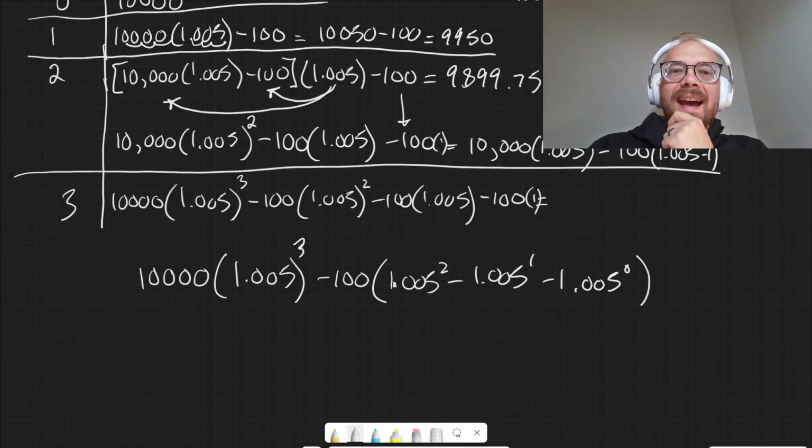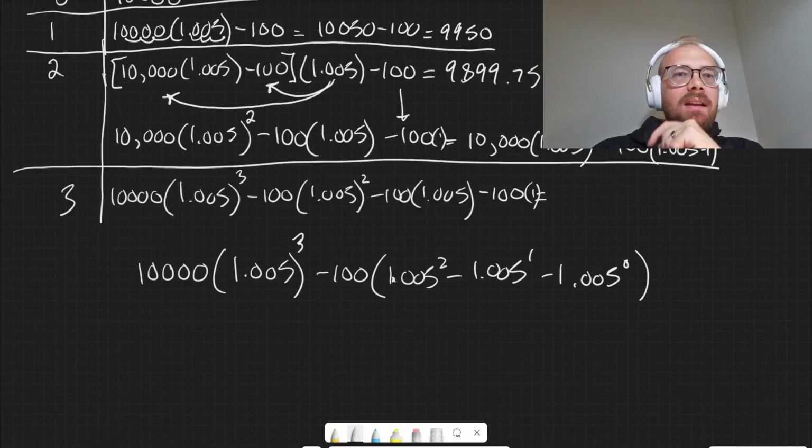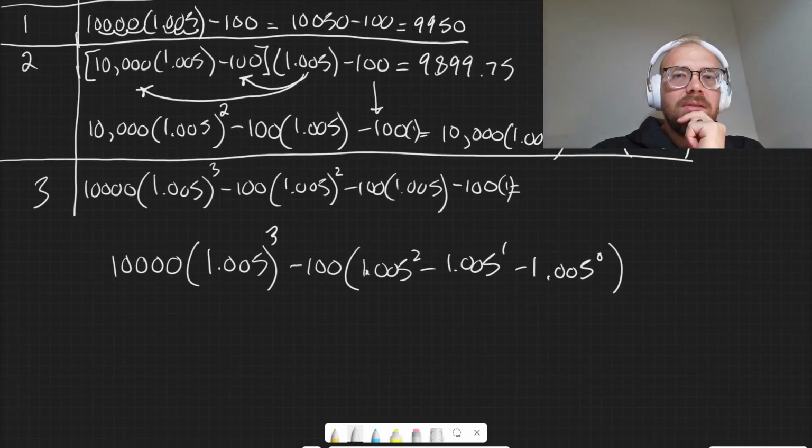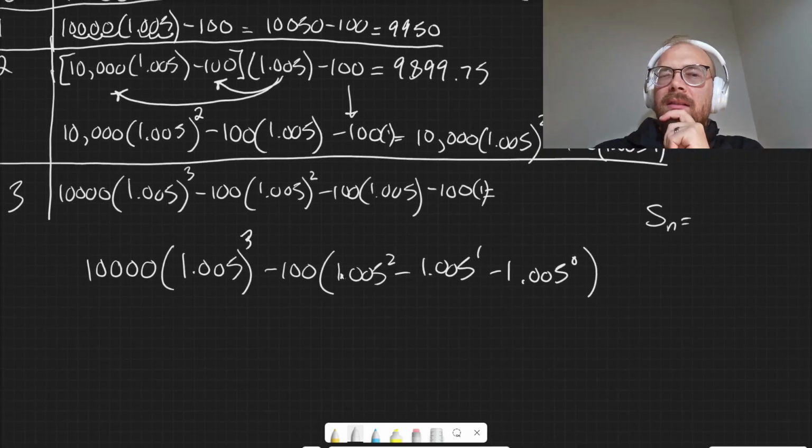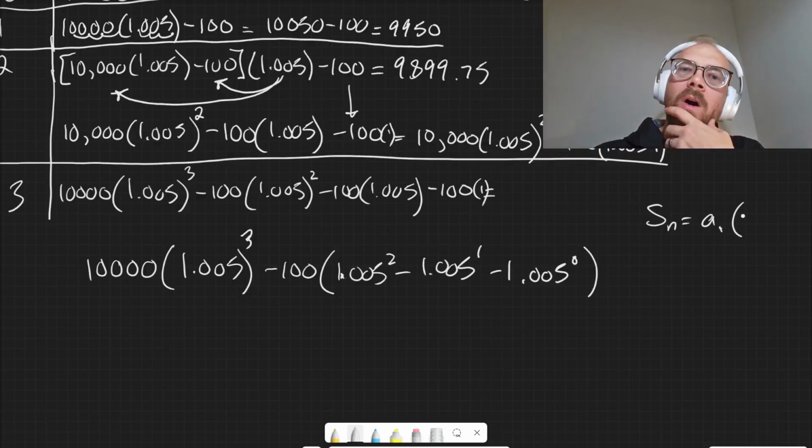But what's happening here is it's going down each time. So if we use the formula, there's a formula, and I didn't grab it. It was S_n equals a sub 1 times (r^n minus 1) over (r minus 1).